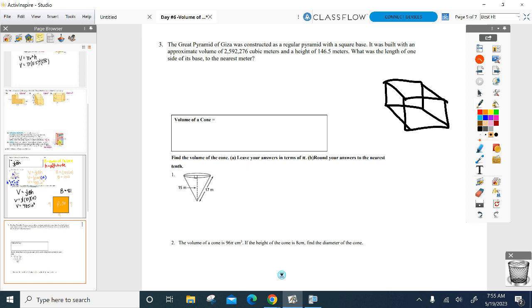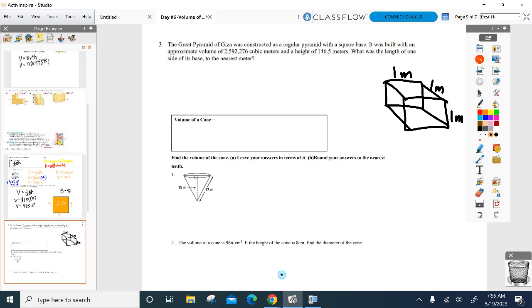Imagine a cube that's 1 meter by 1 meter by 1 meter. It's a pretty big cube, right? Because if you take that meter stick, just even hold it up, that's a pretty big cube. There's 2.6 million of those in the Pyramid of Giza. Yeah, I know. Everyone's impressed.